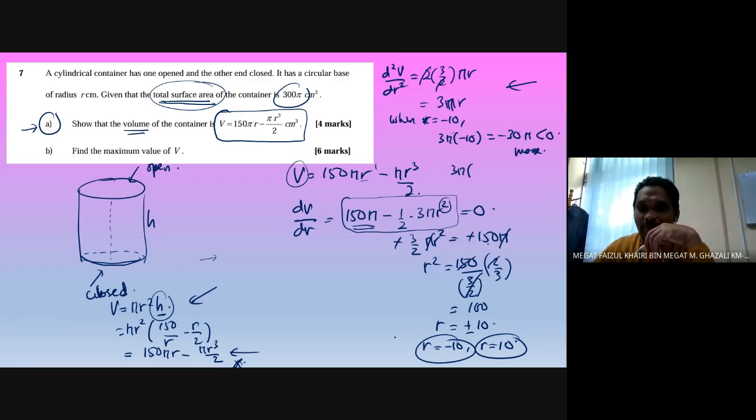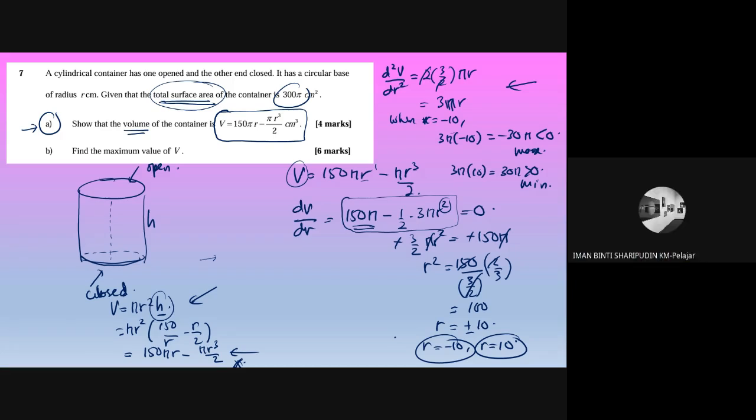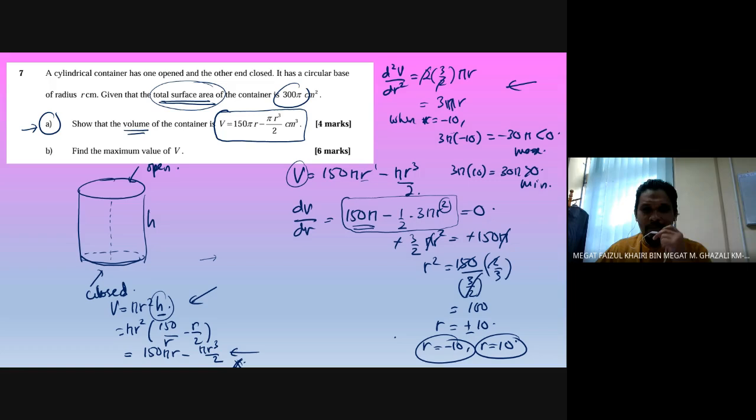If 3 pi times r equal to 10, it gives you 30 pi, which is greater than 0 and is minimum. Okay, so then which value of r that we're going to use then? Negative 10. Good.